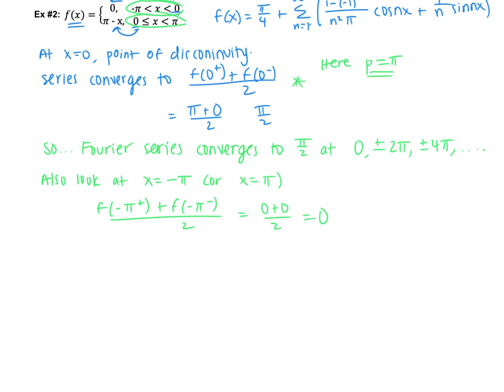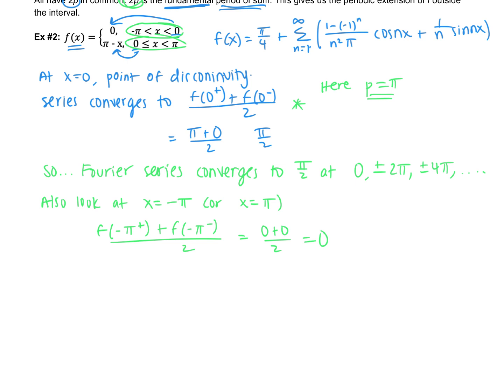And I'm going to put all this together in a minute, so just stick with me. So what that tells us is that our series converges to 0 at plus or minus pi, plus or minus 3 pi, and so on and so forth.